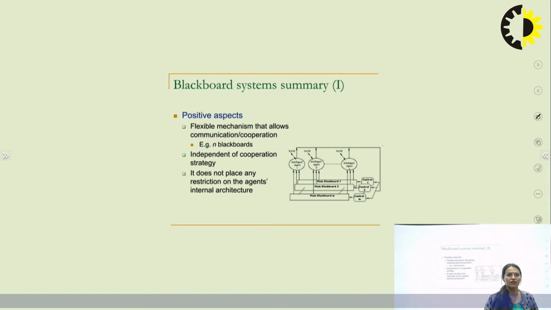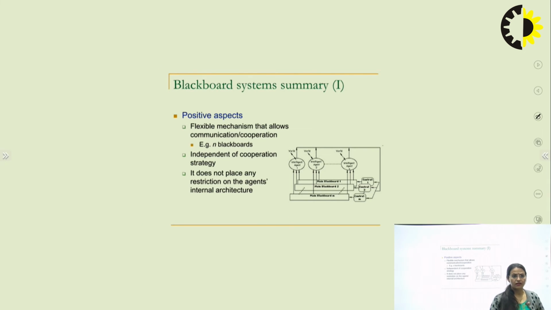So in short, the advantage of using the blackboard system is that it is a flexible mechanism, because this is the simplest and most flexible approach, in which we allow communication among various agents, and no cooperation is needed among the agents. It is also independent of cooperation strategies, and it does not place any restriction on the internal architecture of the system. So these are the positive aspects.